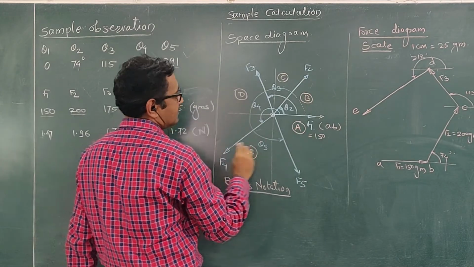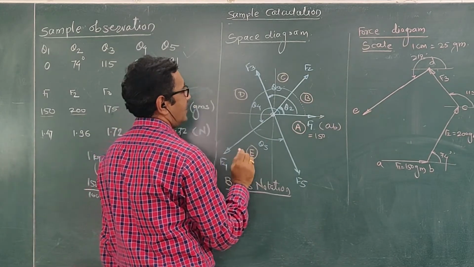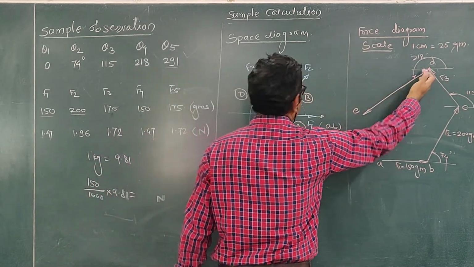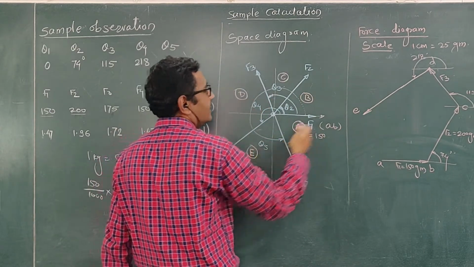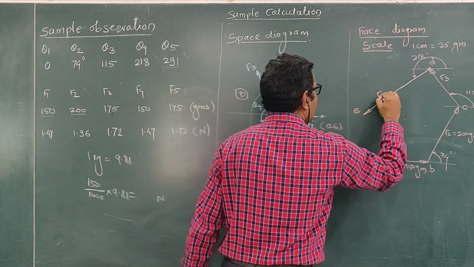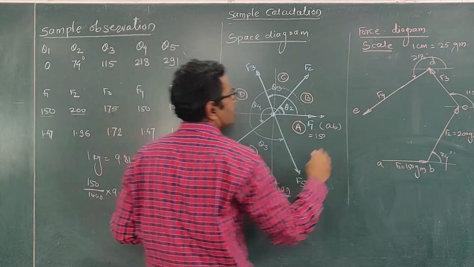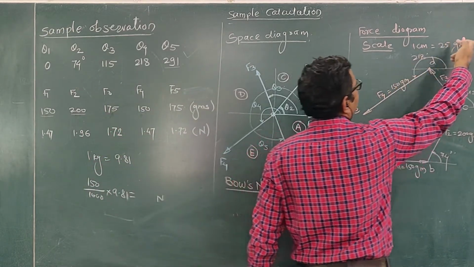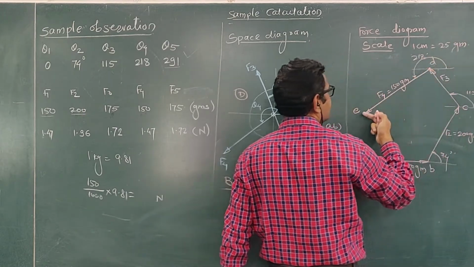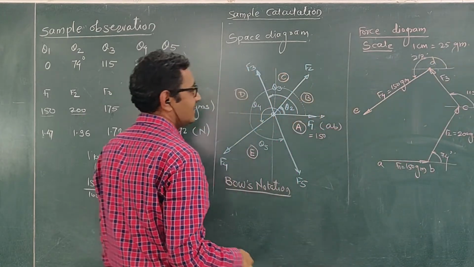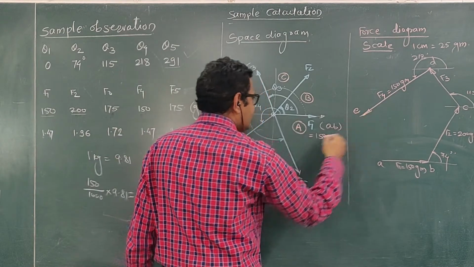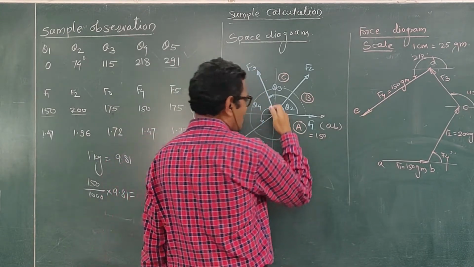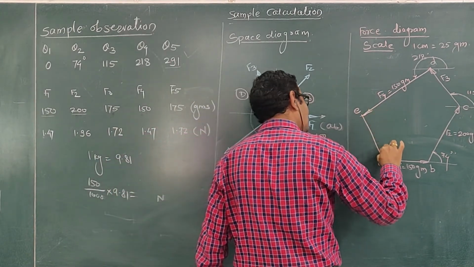Sorry, actually it should be E, not F. So the DE line represents the force F4, whose magnitude is 150 gram. To represent 150 gram according to this scale, we require a 6 centimeter length.